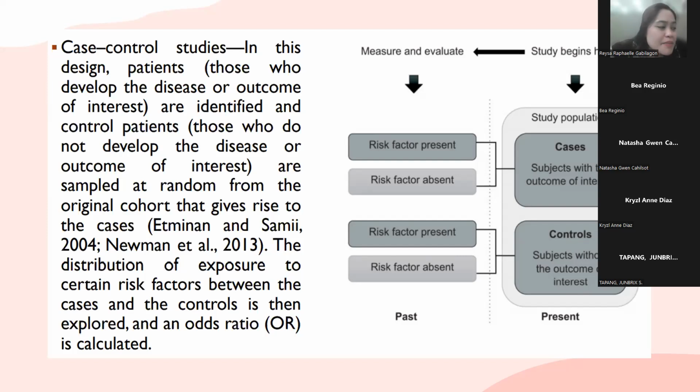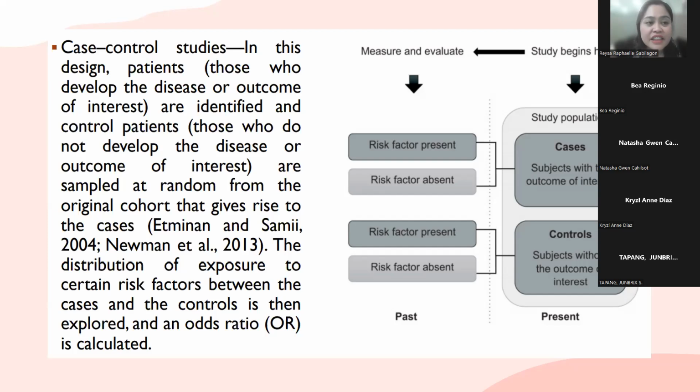Now, ano ibig sabihin ng case? For cases class, for the case group, it means this group of people are under one group because they share the same characteristic or yung outcome of interest meron sa kanila lahat. Like, we are going to study association of smoking sa lung cancer.